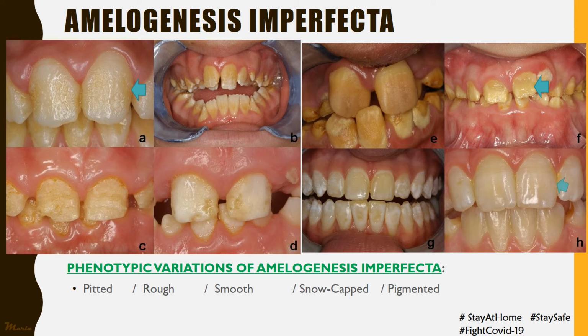Some may present as smooth surfaces with focal areas of defect, the characteristic snow-capped form which shows hypoplastic defects only in the occlusal third of the tooth, or these may show pigmentation as seen in image D. So it should be remembered that the various forms of amelogenesis imperfecta may show one or more of these phenotypic characteristics.